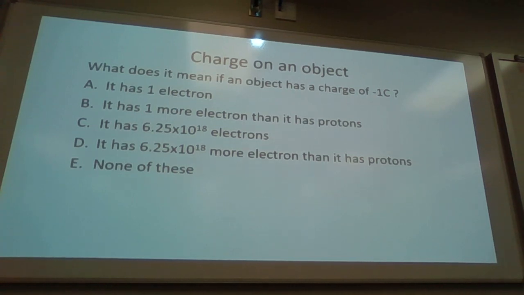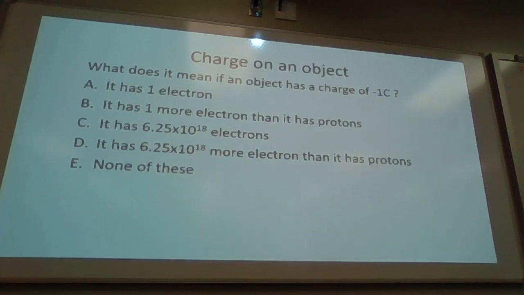Like for sodium, it wants to lose an electron to be happy, so it would have a charge of +1 because it has one more proton than electrons. Chlorine would want to gain an electron, so it would have one more electron than proton, therefore a charge of -1.